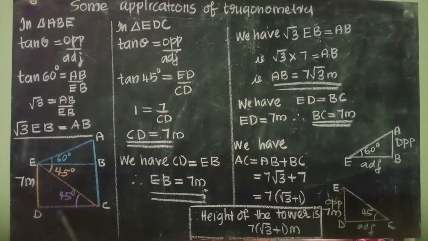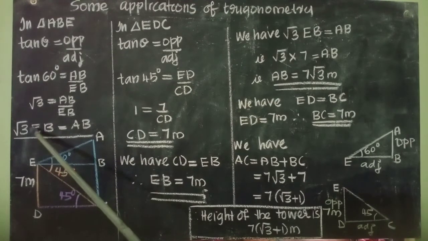So, we can write CD equal to EB. The value of CD is 7 meter. So, we can conclude, therefore, EB equal to 7 meter. Now, we got the value of EB. It is 7 meter.